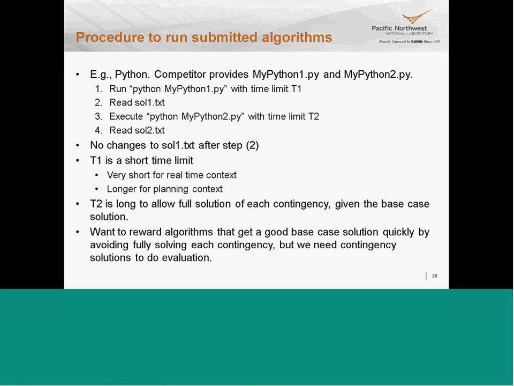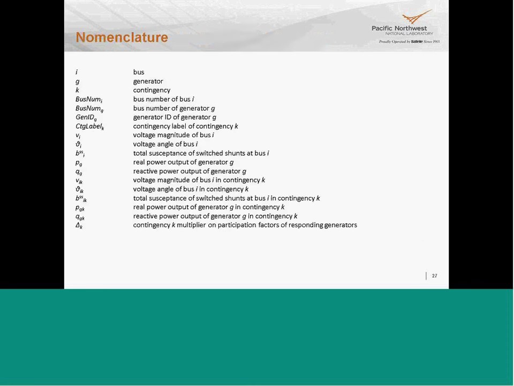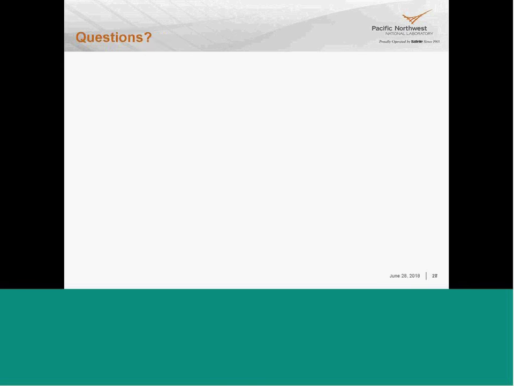One key thing to note here is that you should be done producing solution 1 after this step 2. So you can still write solution 1 afterwards, but we won't read it. We're going to read it just this one time. And I won't go through this, but when these slides are made available, this is all the nomenclature that is referred to in this set of slides. Okay, any questions?